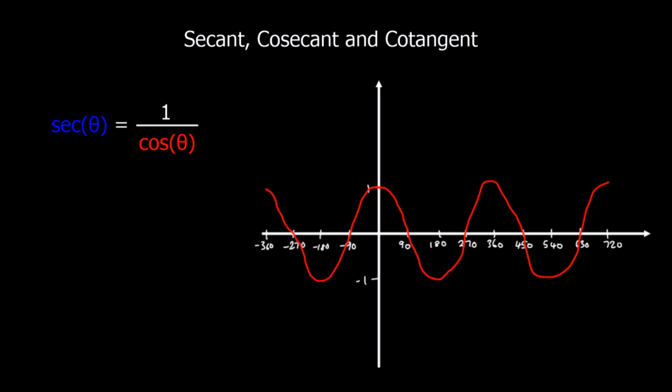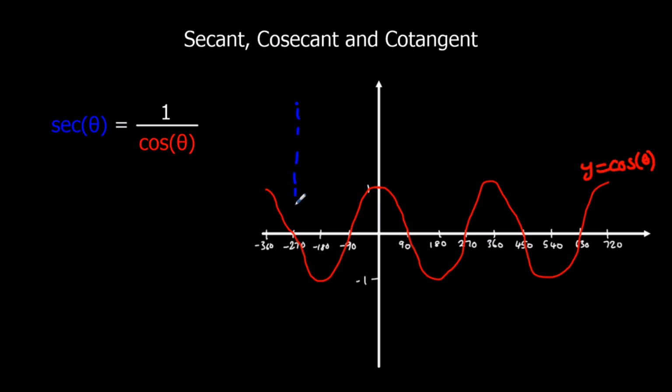Okay, so let's look at the graphs of sec, cosec and cot now. So sec first. We've got the original graph here, which is y equals cos theta. And we're going to draw the graph of sec theta. The first thing to point out is that wherever cos theta goes through 0, we can't divide by 0, so we get an asymptote.